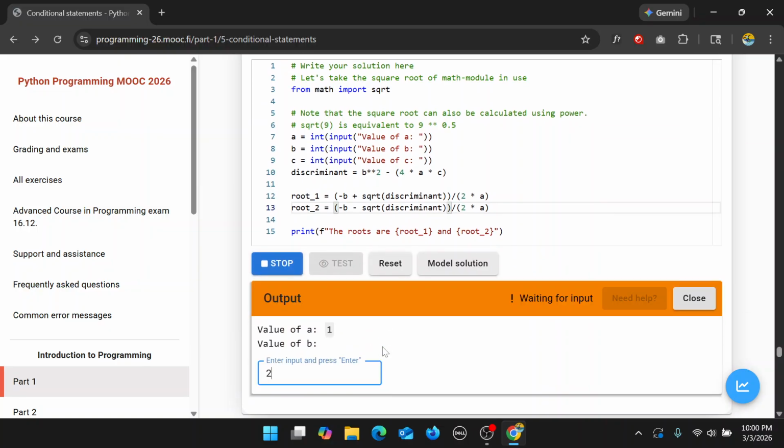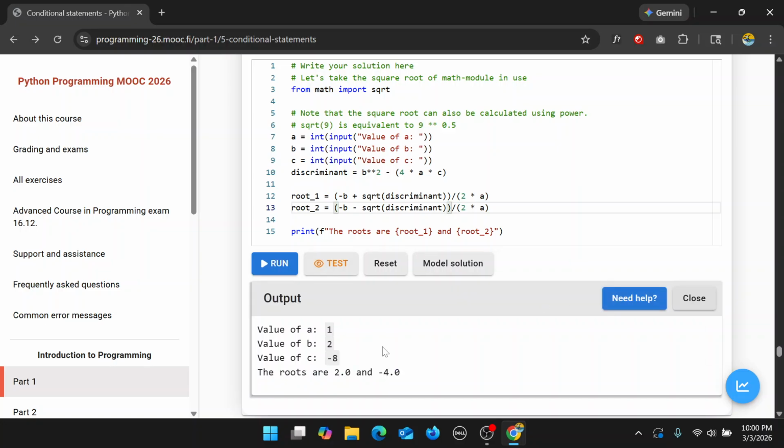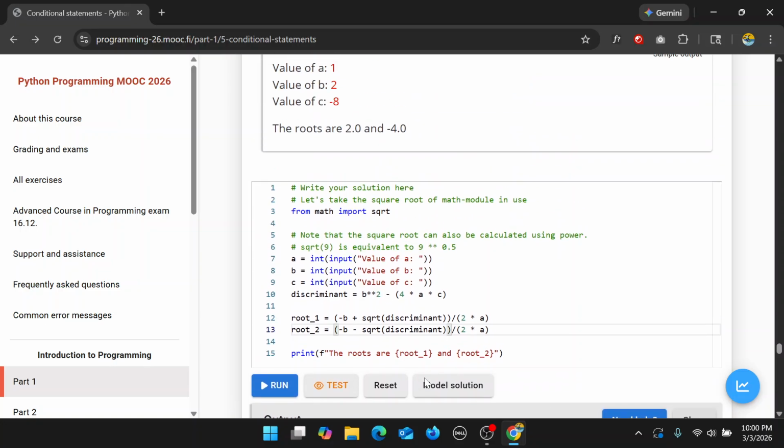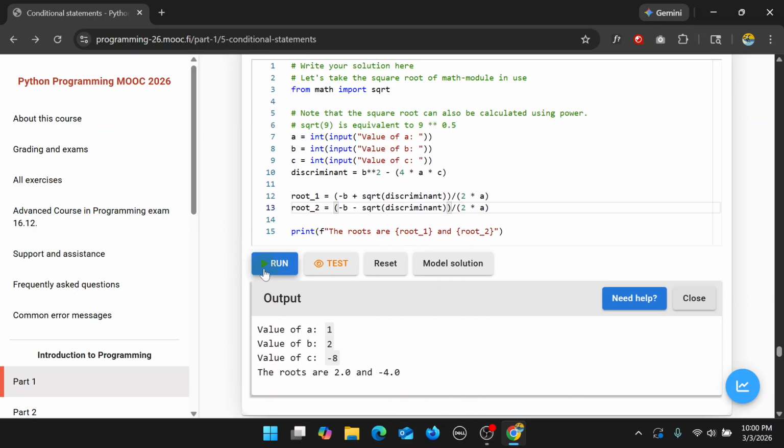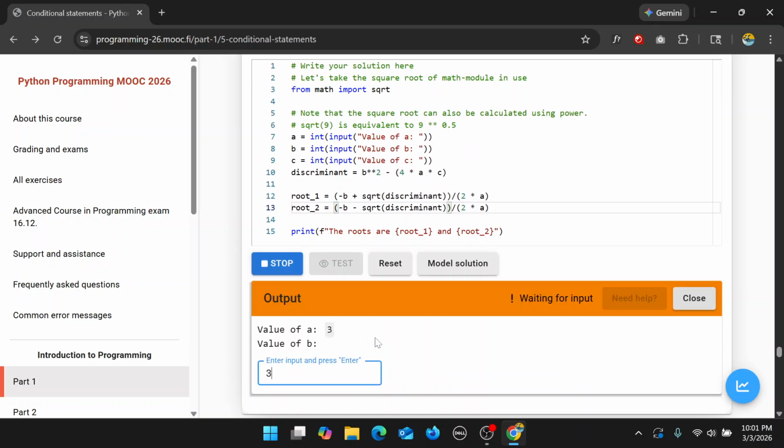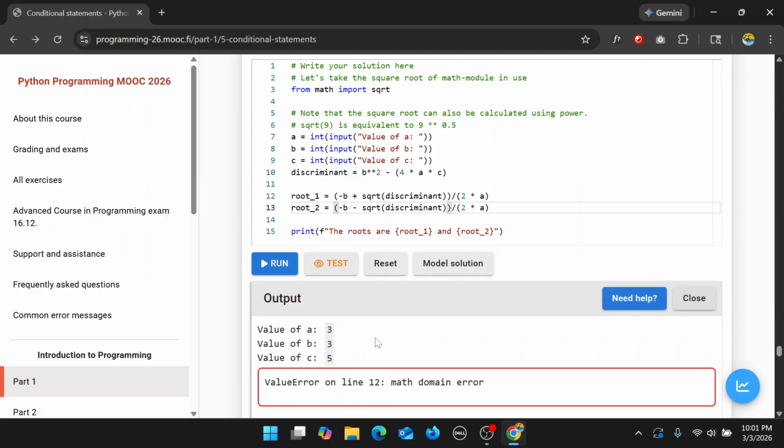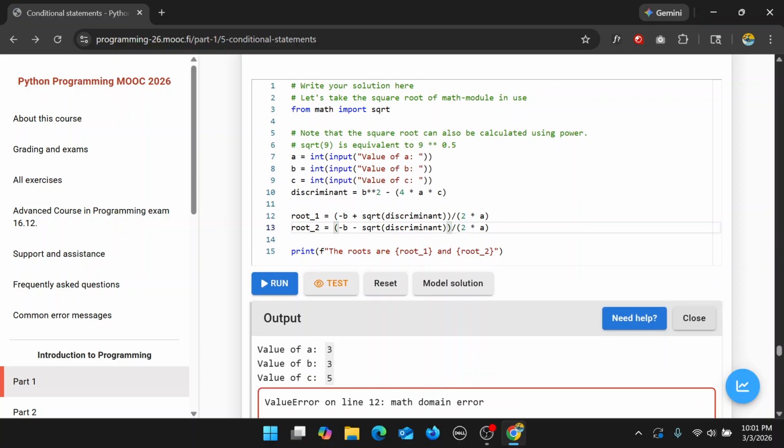So it said with 1, 2, and negative 8, the roots are 2.0 and negative 4.0. Let's just run 3, 3, 5. Okay, math domain error on line 12. Perhaps this?